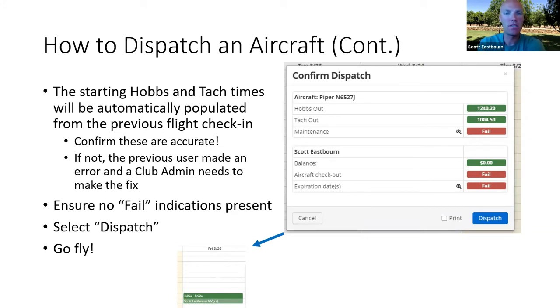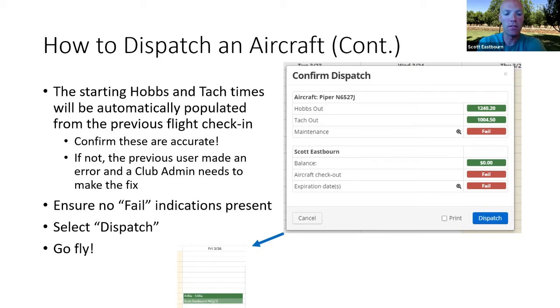This is the window that pops up after you've clicked dispatch. The hobbs out and the tach out will already auto-populate from the previous user. So all you'll have to do here is verify that that information is accurate.